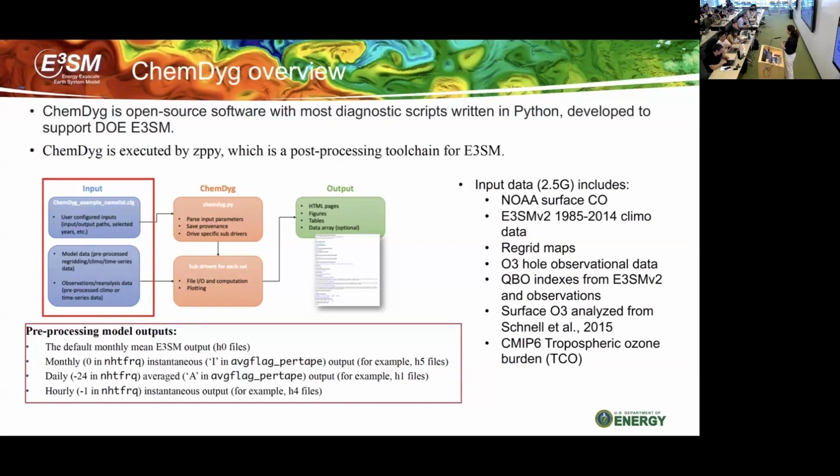We can see a lot of the input data. Some of them are monthly average means, and some of the surface observations can be on an hourly basis. So we also require that when you run E3SM, you output the default monthly means and also the monthly instantaneous output.